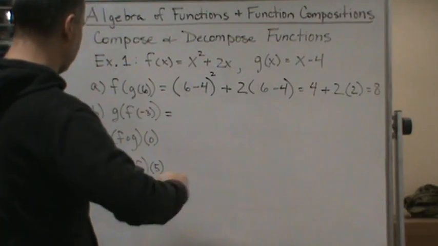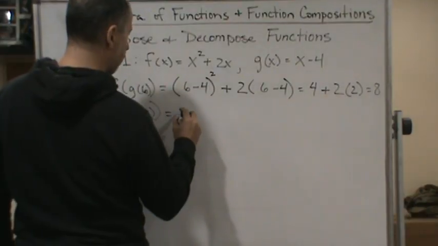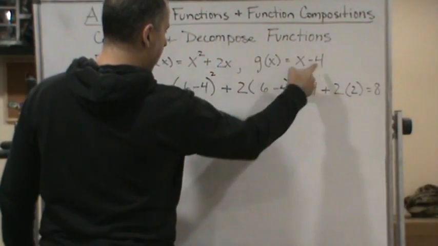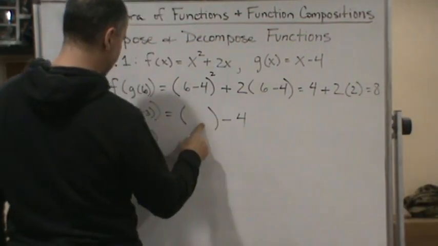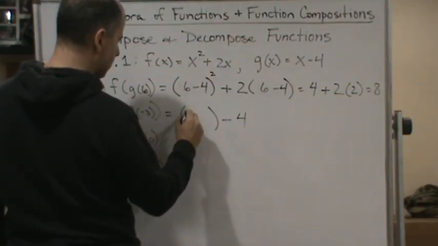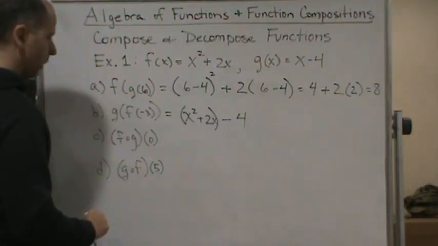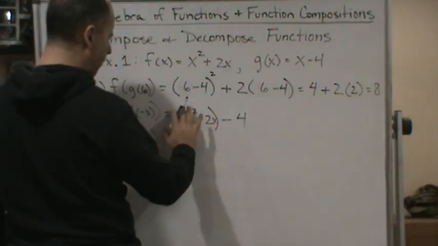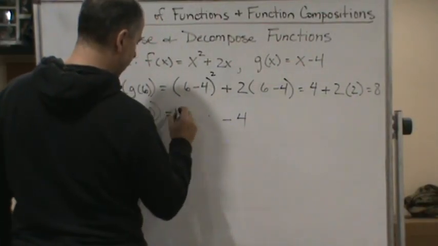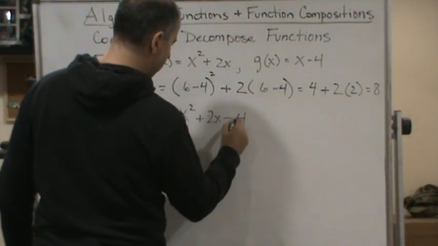compose the functions, right? So another way of doing it is I'm just going to compose the functions. So g of f is what? It's going to be x minus 4, so whatever is in here is minus 4. And then I'm going to stick in f, because this is f of x, which is x squared plus 2x, right? And so if I compose this, I just get x squared plus 2x minus 4.